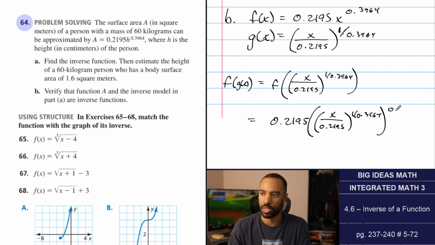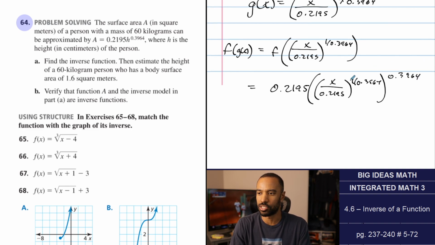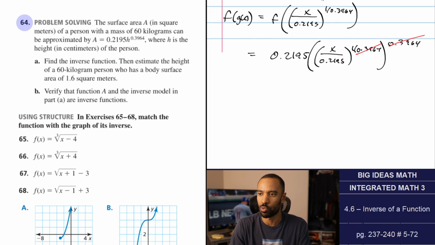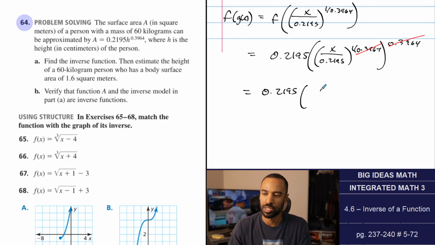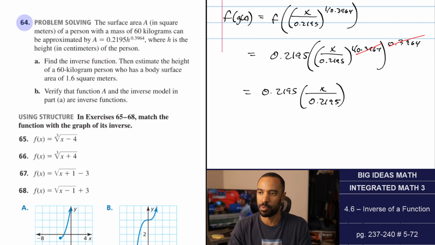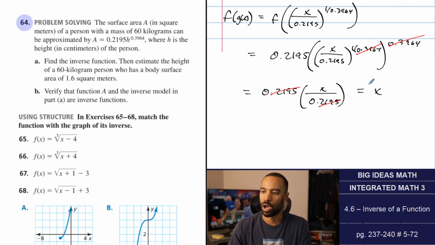And we're raising that whole thing to the 0.3964. Now the first thing I get to do on these is you get to do 1 over this number times that number, right? Power raised to the power, that will become 1. So those can work each other out like that. And then that becomes 0.2195 times x over 0.2195. And these divide to become 1 as well. So you're left with x. So one version works out.